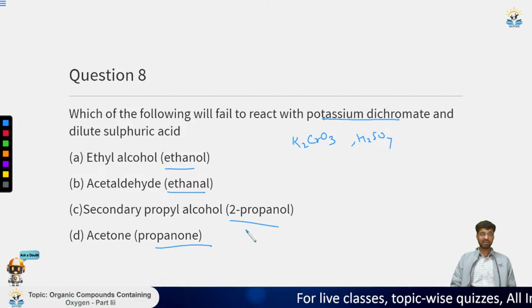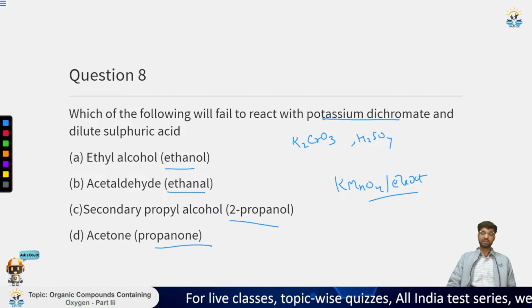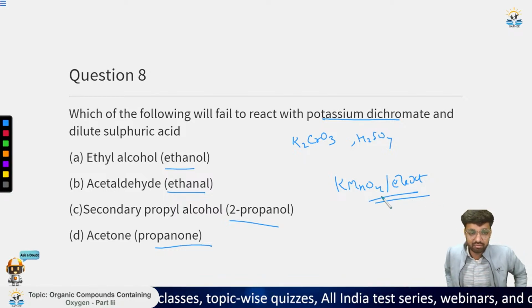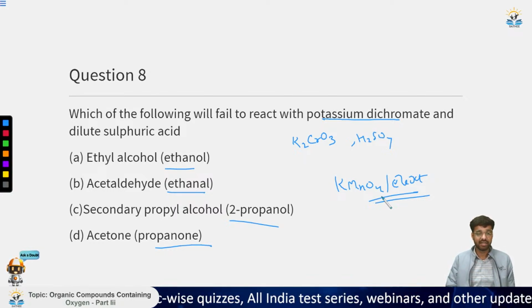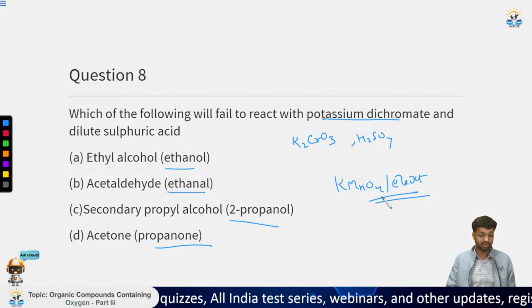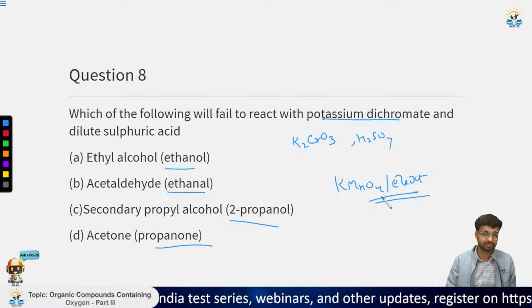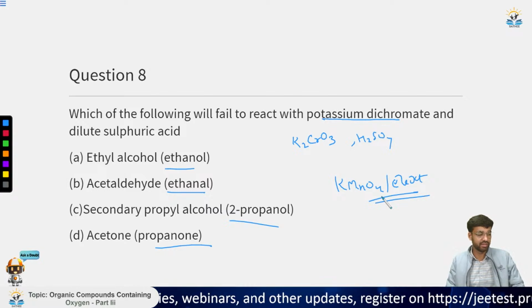I have told you earlier that only KMnO4 at elevated temperature can break a C-C bond, and other than that I have told you no reagent can do this. So you just have to find the option that requires oxidation to cleave a C-C bond. That is all about this question. So I have put only 4 questions here. Sorry, 3 questions here.